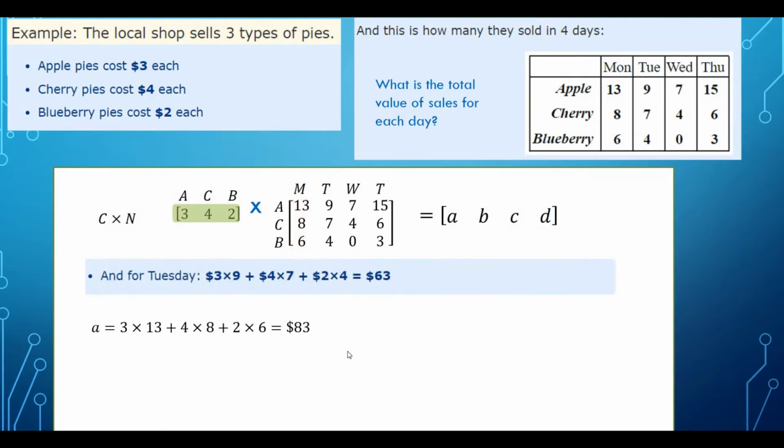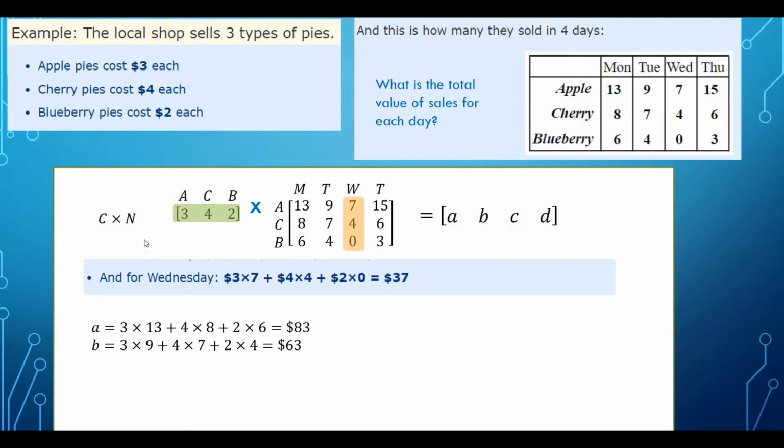On Tuesday, same again. I'm going to need to multiply by each value in the second column. And if we look at our value for Tuesday's sales, it's in first row, second column. So I'm multiplying the first row with the second column, and that's going to give me the sales for Tuesday. Same again for Wednesday.